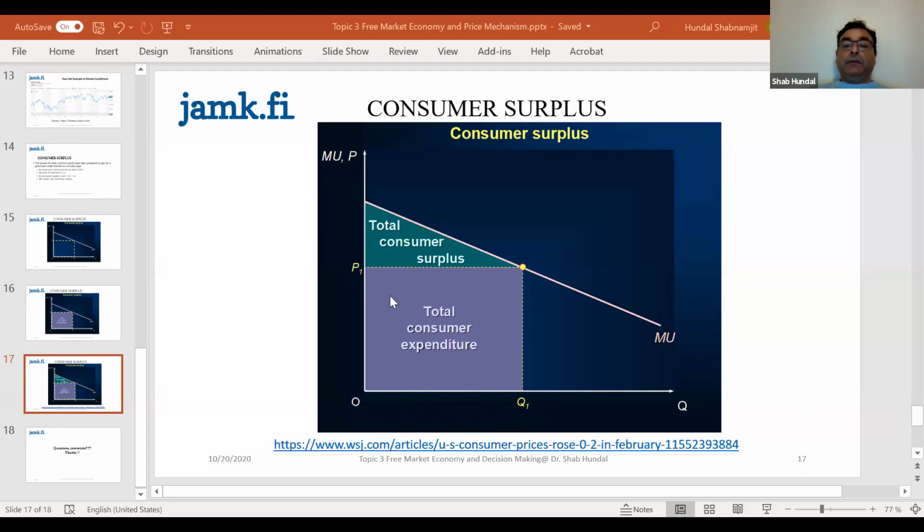Then what happened? Then more consumer surplus is left. If this curve goes up or changes its trajectory, or the gap between these two geometrical shapes increases, then the consumer surplus will go up.